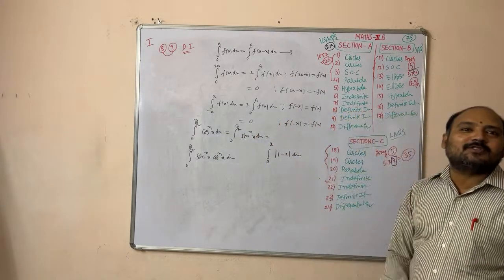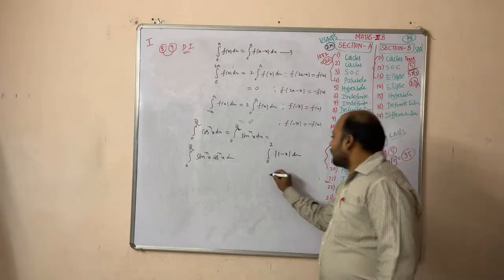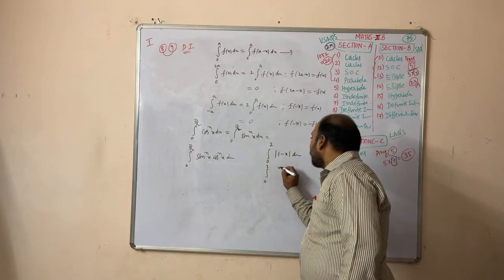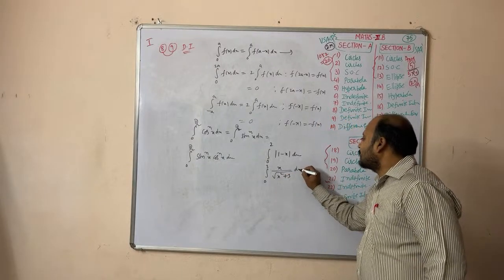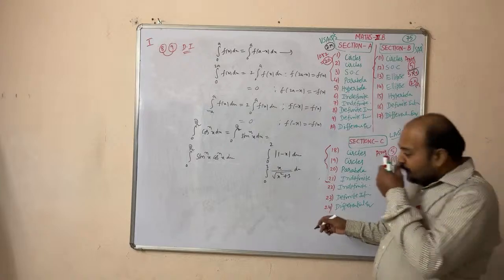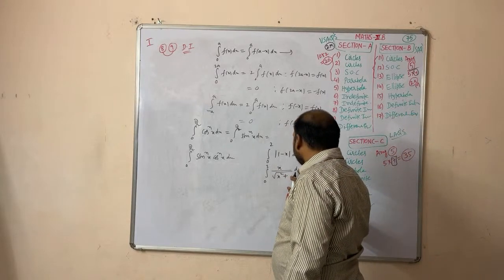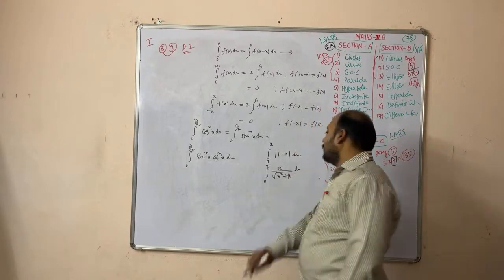These types of questions are also asked. And integral 0 to 3 x by root of x square plus 9 dx, or x square plus 16.